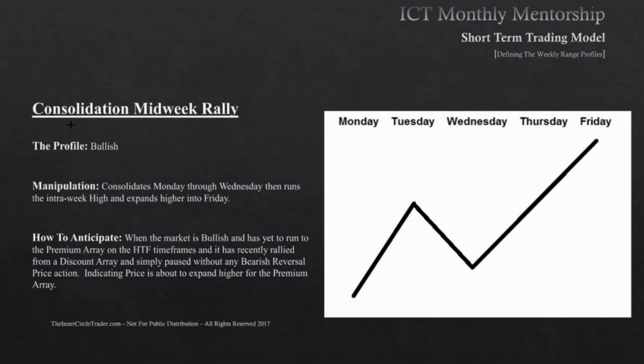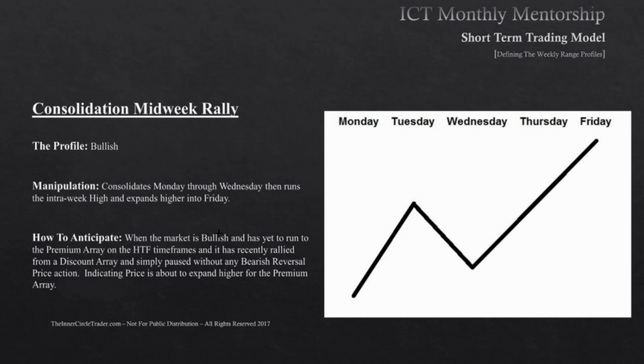For the next week, I chose the consolidation midweek rally weekly range profile because this makes the most sense coupled with our analysis. It just perfectly lines up. The profile is bullish, our bias is bullish, nothing has invalidated our higher time frame bias. So how to anticipate this profile when the market is bullish?